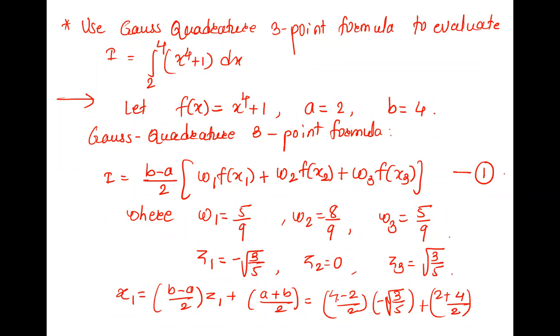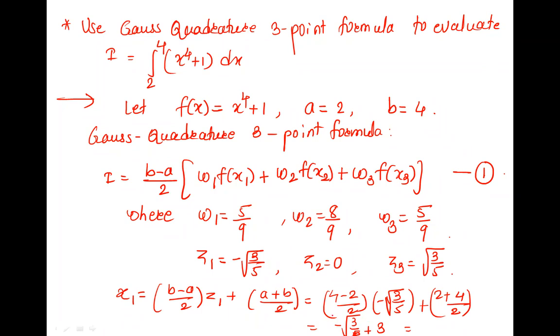That is 1 into minus root 3 by 5 plus 6 by 2, which is 3. Solve this on calculator.